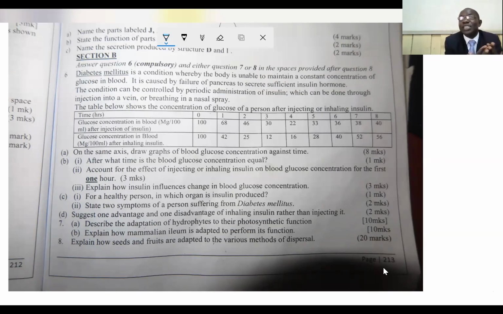We have blood glucose concentration and we have time. Between blood glucose concentration and time, those are two factors.